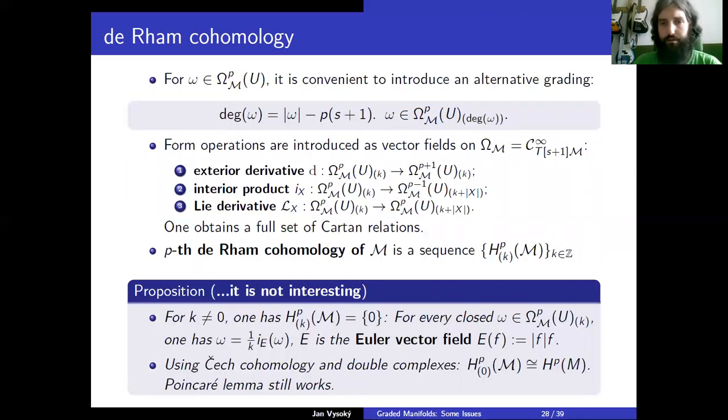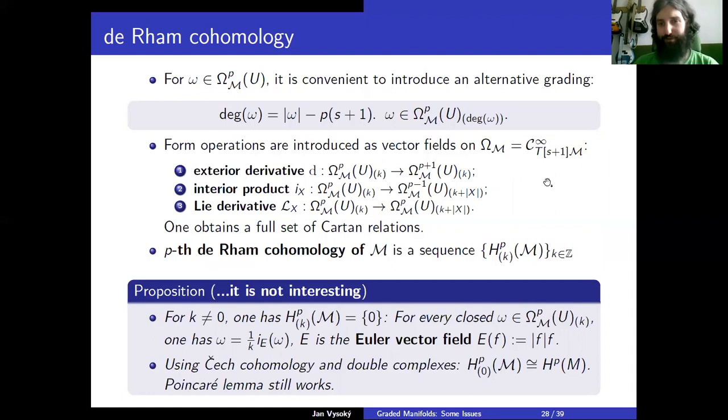I think it's still not all of these forms together, but p-forms are always finitely and freely generated sheaves of modules over my graded manifold M. That's true. Okay, thanks.